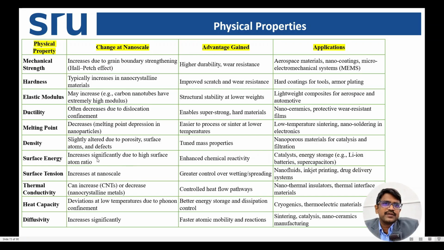What is the advantage? Enhanced chemical reactivity. More atoms on the surface means more participation and more reactivity with the surrounding environment. Then what are the applications? Catalysts and energy storage, for example lithium ion batteries and supercapacitors.